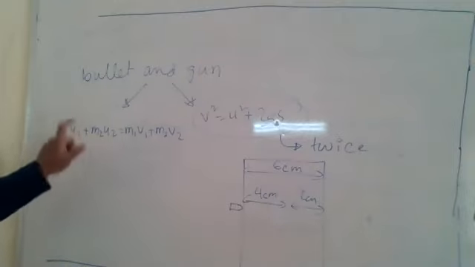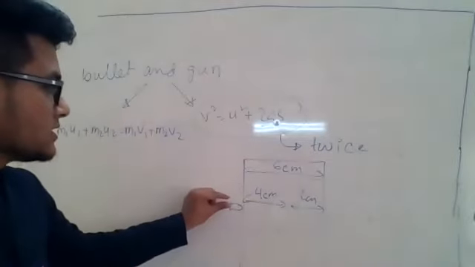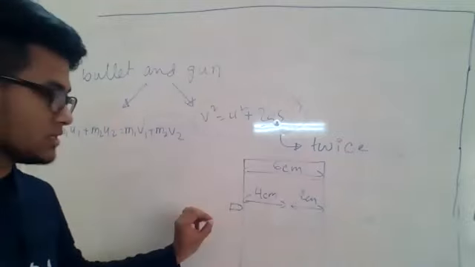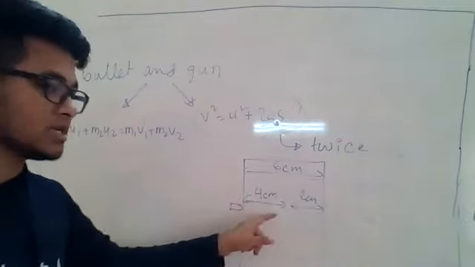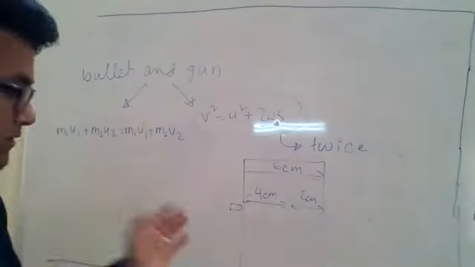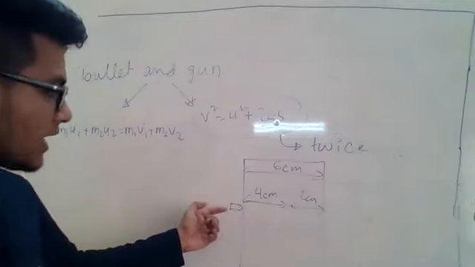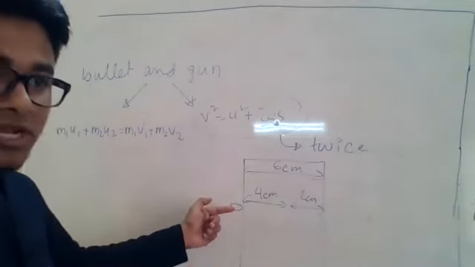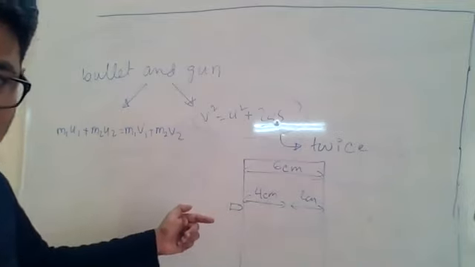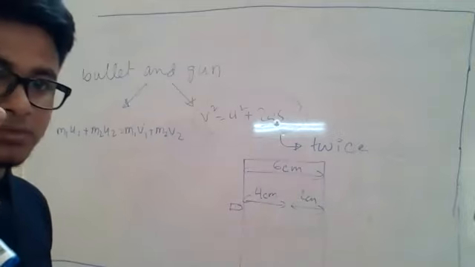But if we are talking about the bullet entering some wooden block, the bullet was going through the air previously, so it will be going with great velocity. But as soon as it enters any wooden piece, what will happen? Velocity will decrease.